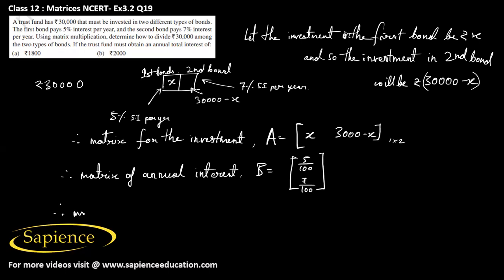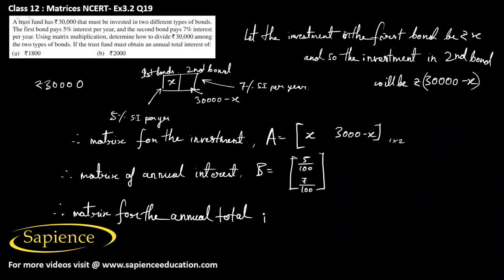Therefore, we can say that the matrix for the annual total interest will be AB, the matrix AB.